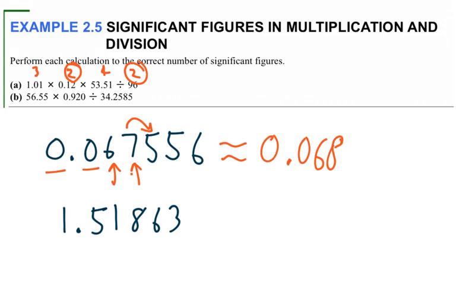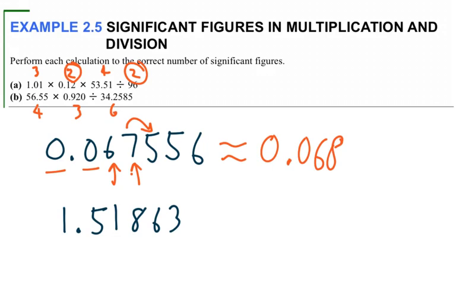Now, we want to round this number to significant figures. Well, this number here, 56.55, has 4. 0.920. The first 0 doesn't count, but that last 0 is significant. It's a trailing 0. There's a decimal point, so that one has technically 3 significant figures. And then the last number has all 6 significant.